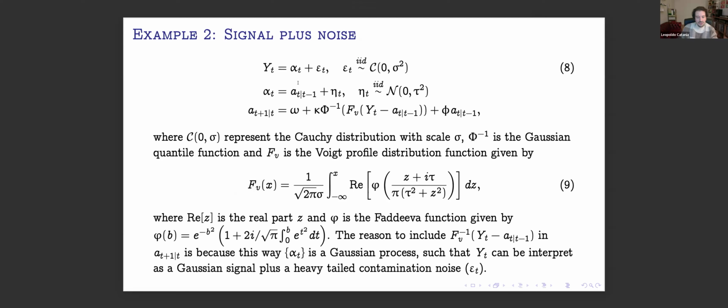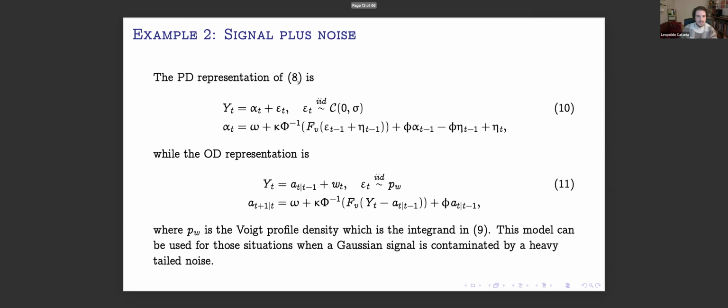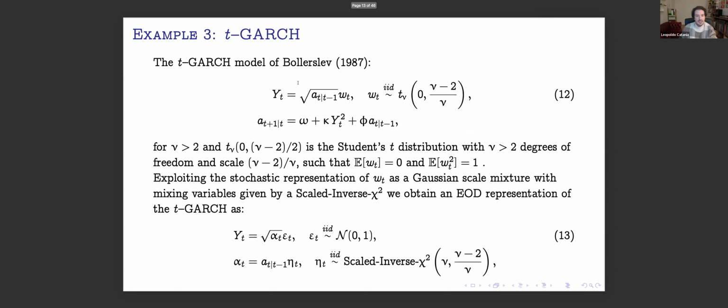Here is another example, which I'm going to skip, it's just signal plus noise. I would like to show you this third example here. And this is another application of this, let's call it methodology. So what we can do is start from an observation-driven model, like the t-Garch, a simple Garch model with t-shocks.